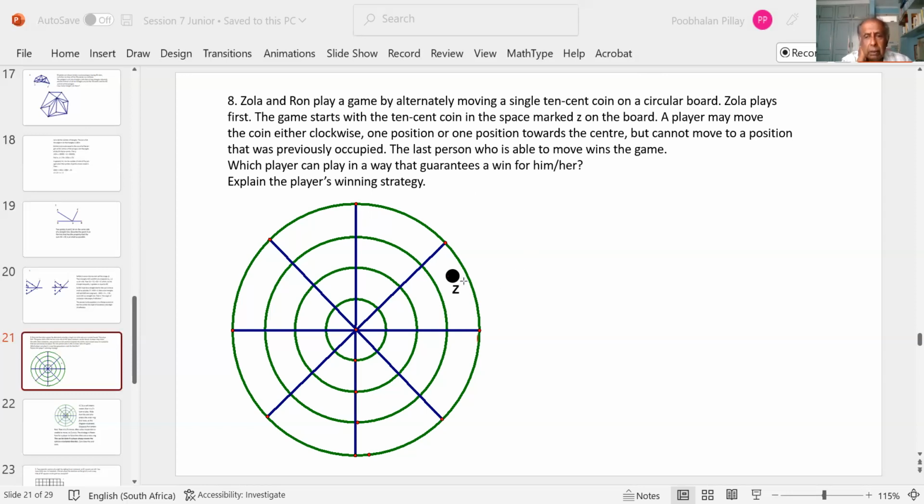Now, how are we going to solve this problem? You need to have all the squares occupied except the last one. So let's have a look at the last one.